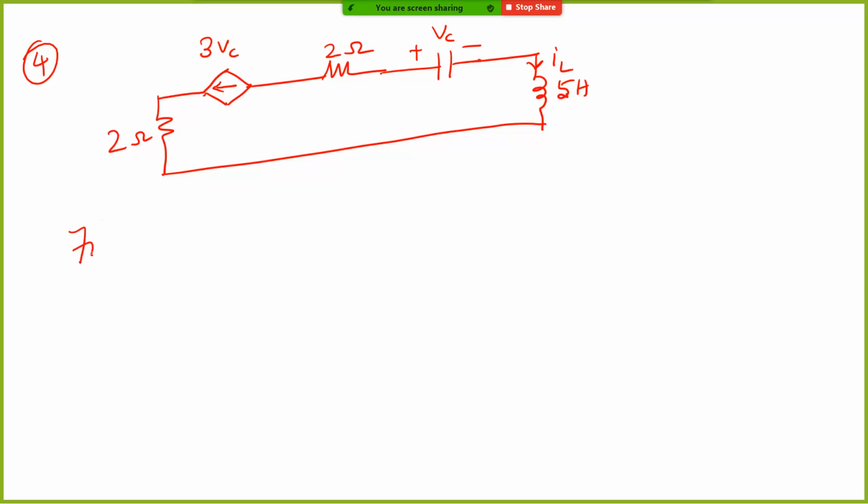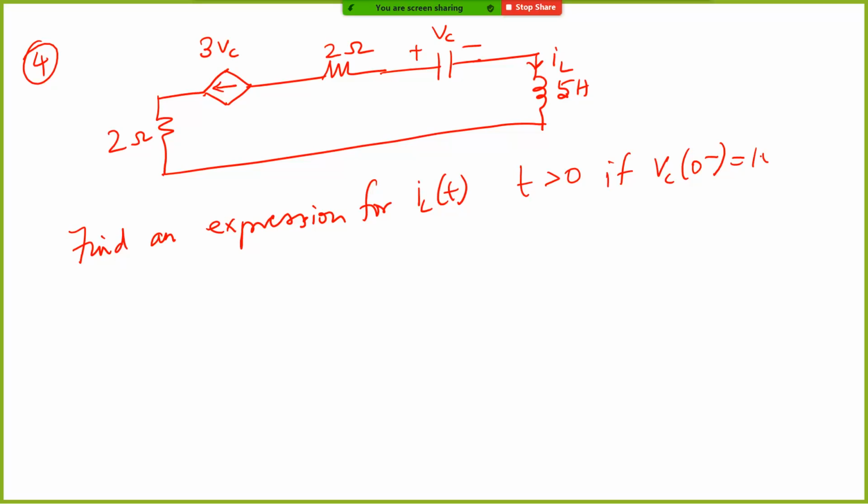The question is, find an expression for this thing for t greater than 0 if Vc of 0 minus is 10 volt. Okay, and IL of 0 minus is 0. IL of 0 minus is 0, and Vc of 0 minus is 10 volt.